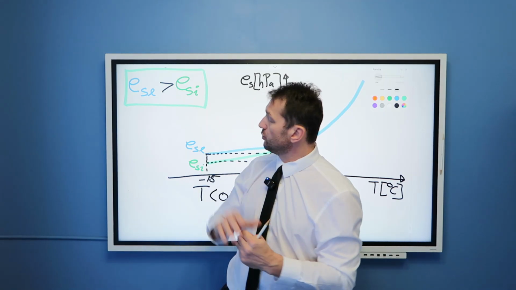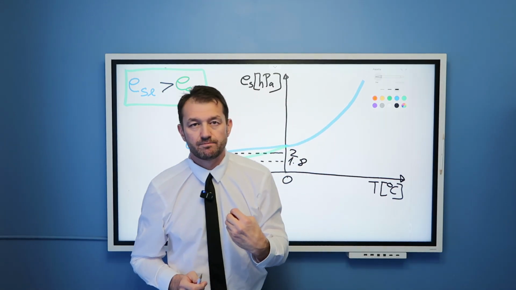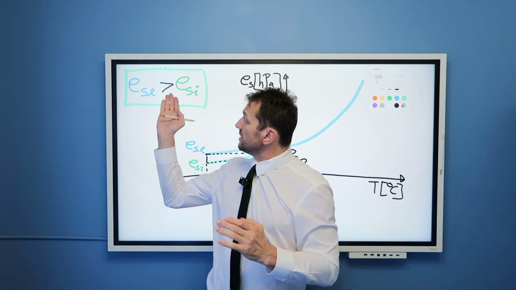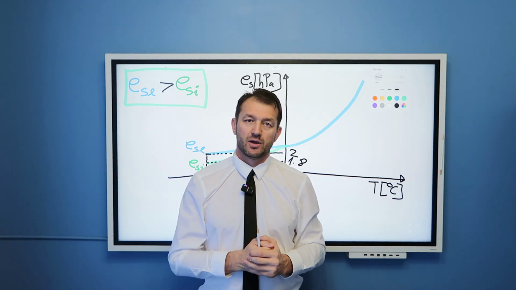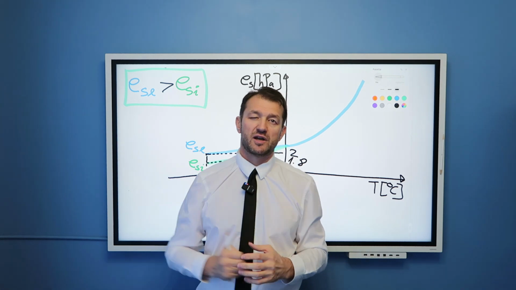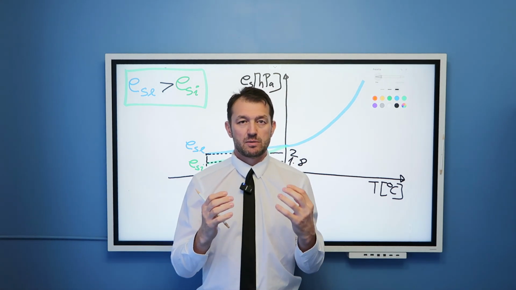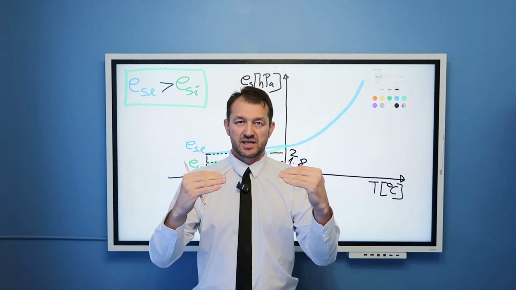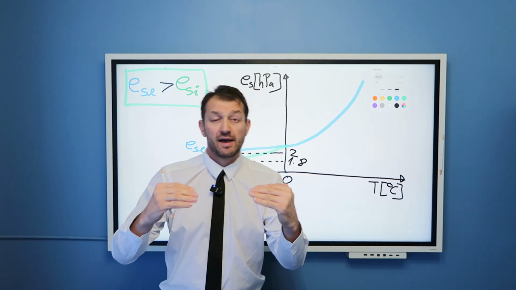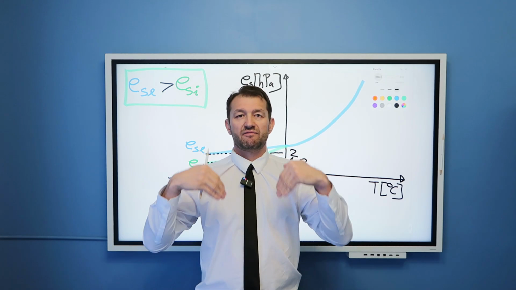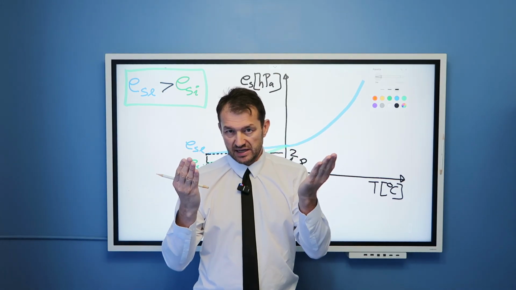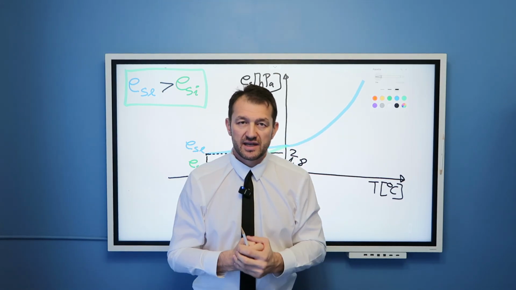How is that related to this? Well, in the following way. What is saturation vapor pressure? From my previous video on what saturation vapor pressure is, you know that saturation vapor pressure is the equilibrium state. That means, on average, for every molecule that evaporates from liquid water, for example, there is another molecule that condenses.